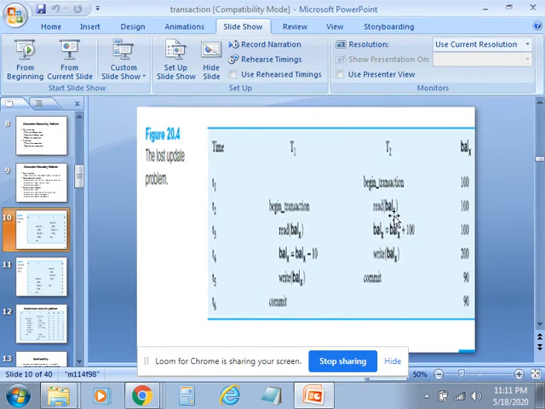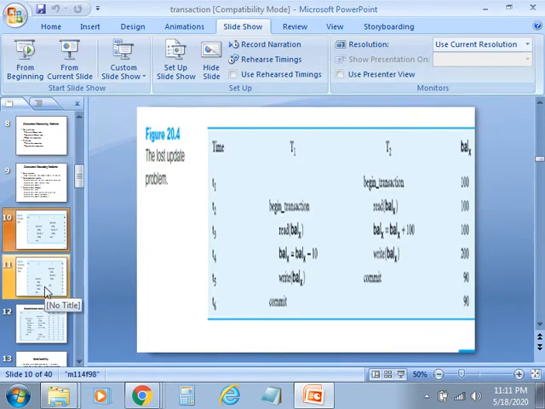So until after T2's update on X balance is completed, T1 should be prevented from reading the balance. By that, we can avoid this lost update problem.